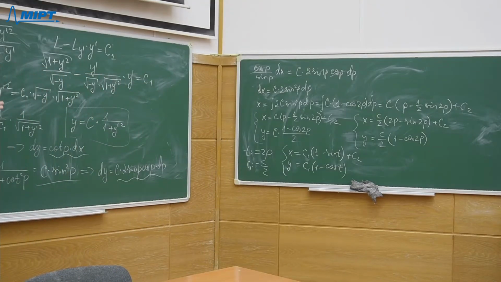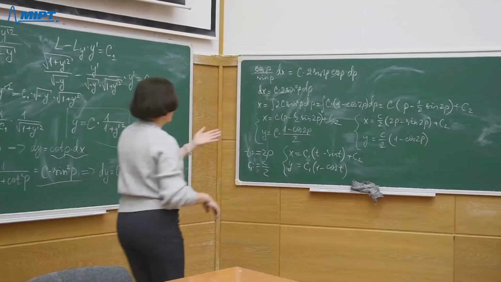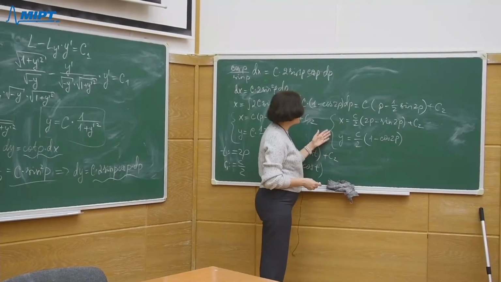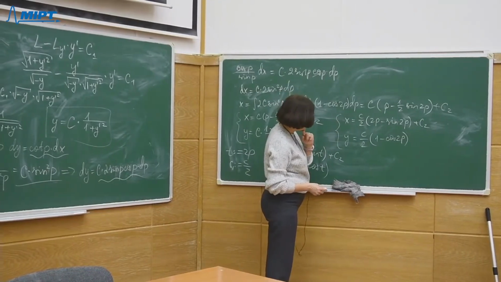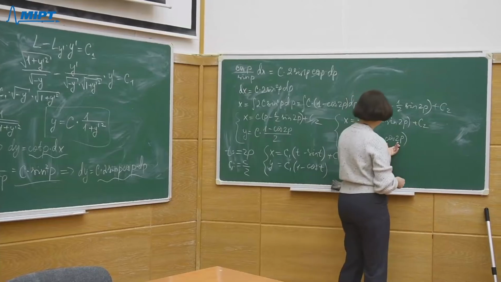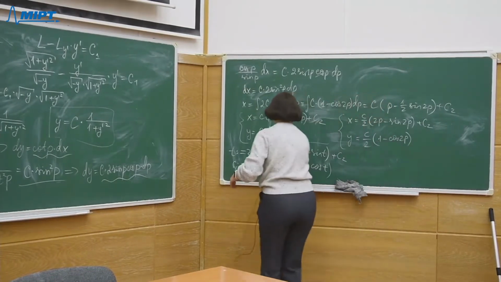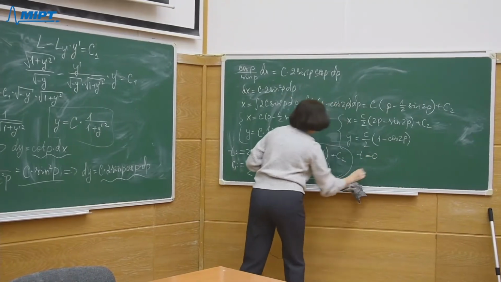The constants c1 and c2 can be found using the initial conditions. We have y of 0 equals 0, so if x is 0, then y must be 0. If t equals 0, this is the initial point.